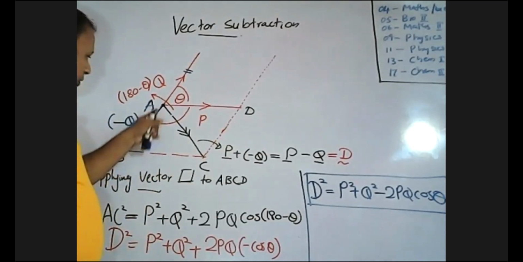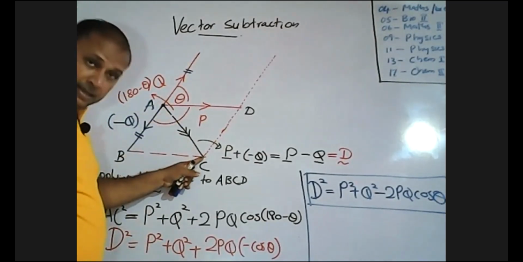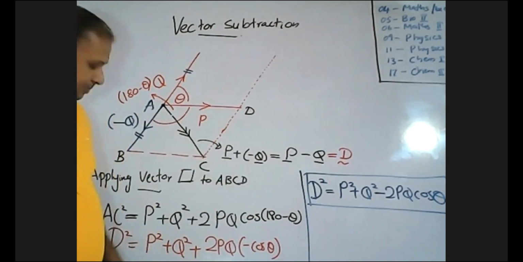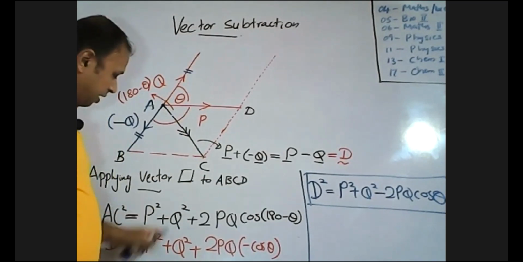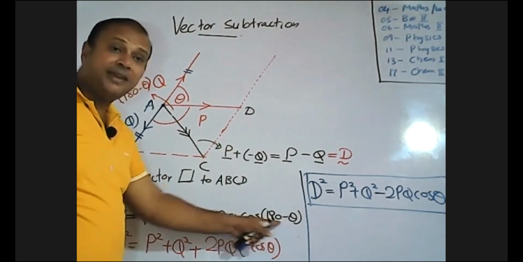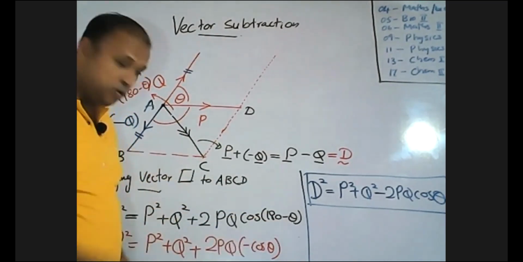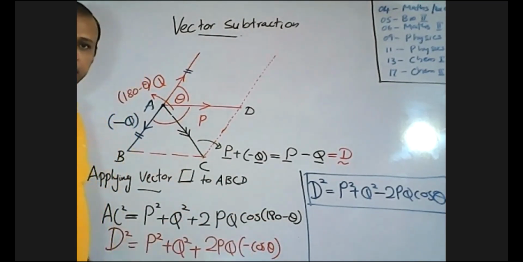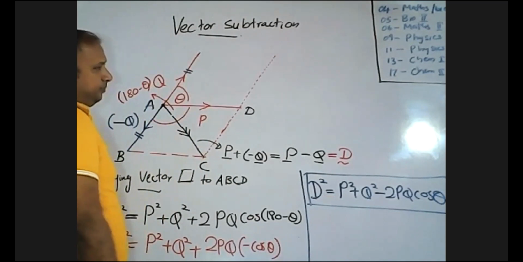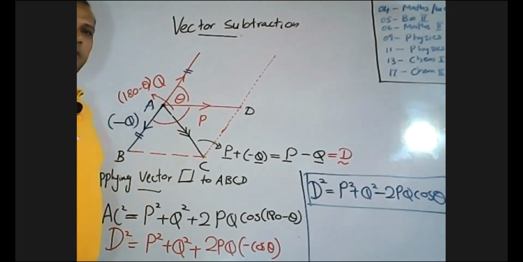Let the difference, the subtraction, be D. So D squared is equal to P squared plus Q squared plus 2PQ cos(180 minus theta). Cos(180 minus theta) is equal to minus cos theta. Okay, this will be the equation. How to remember that?